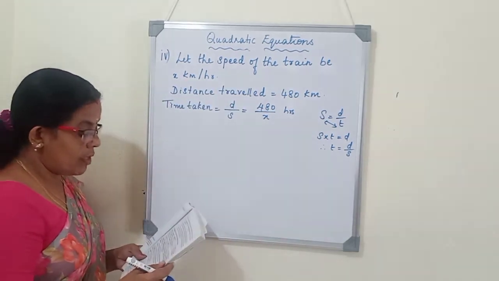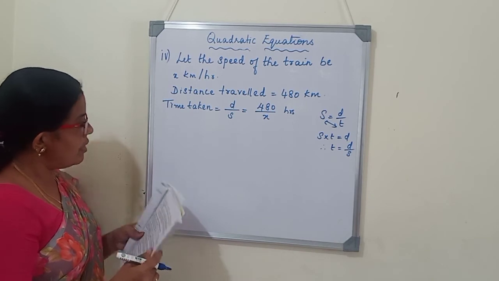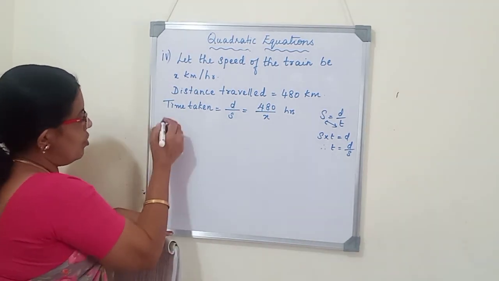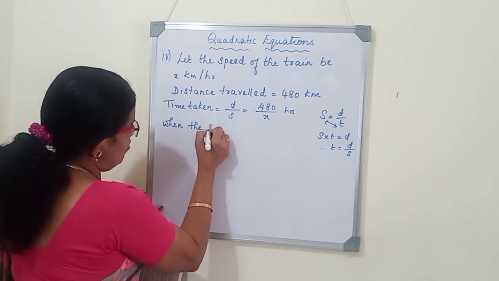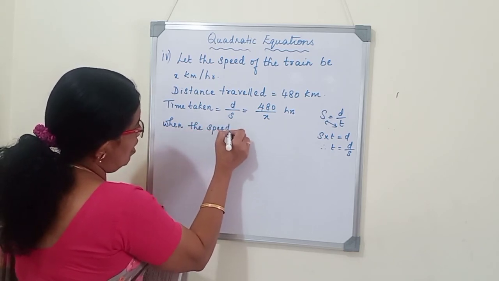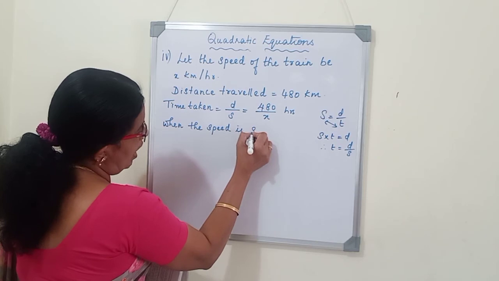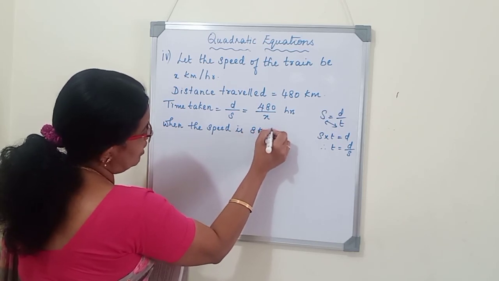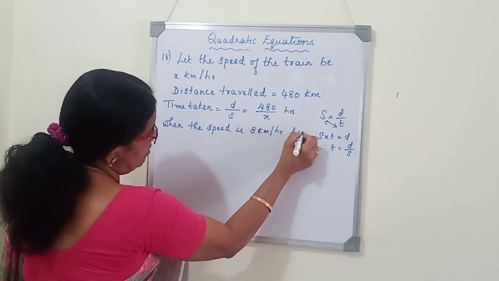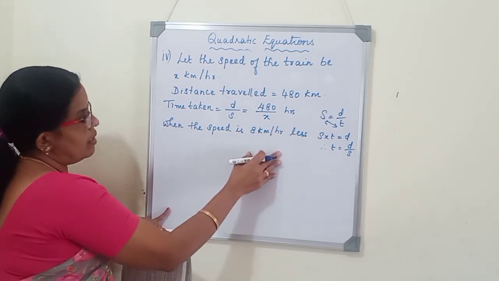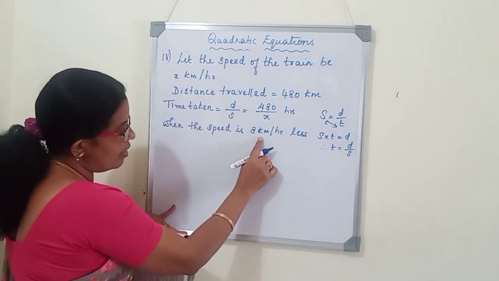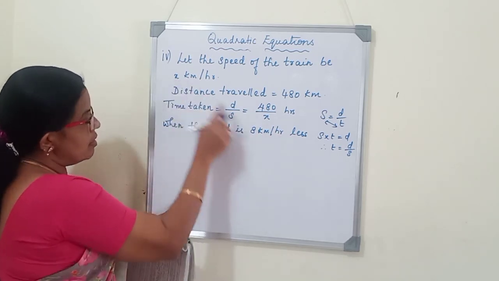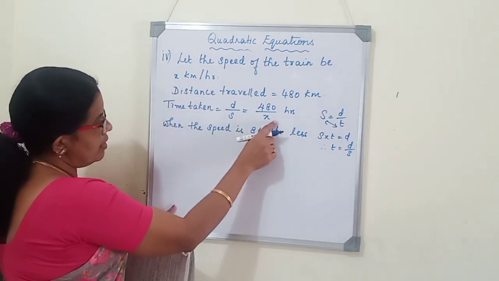Now they said if the speed had been 8 km per hour less. Then what will be the speed of the train? Present speed x, 8 km per hour less means the speed will become x minus 8.